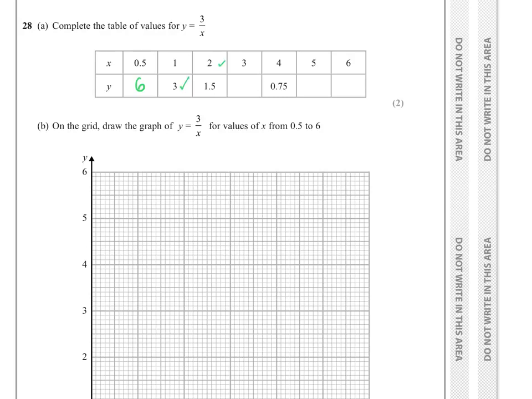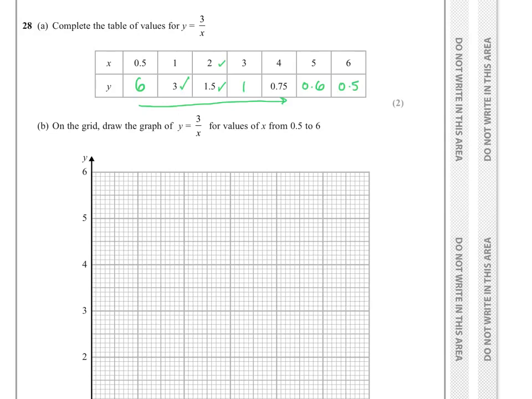And if we did 3 divided by 2, that's 1.5. 3 divided by 3, that would give us 1. You can see these numbers are diminishing here. And if we do 3 divided by 5 on the calculator, you should get 0.6. And 3 divided by 6 is a half, or 0.5. So that bit's not too bad.